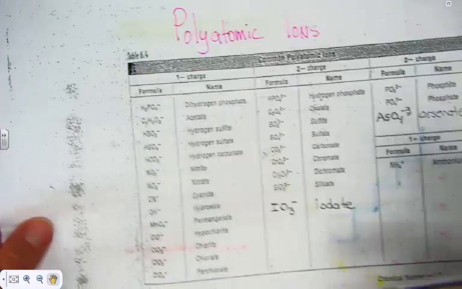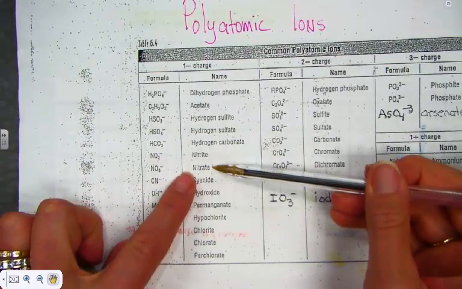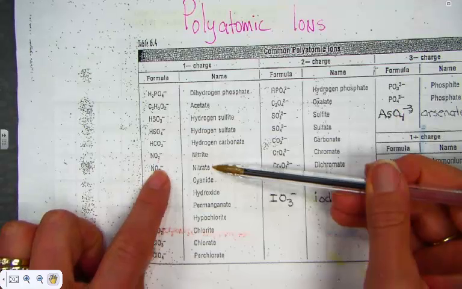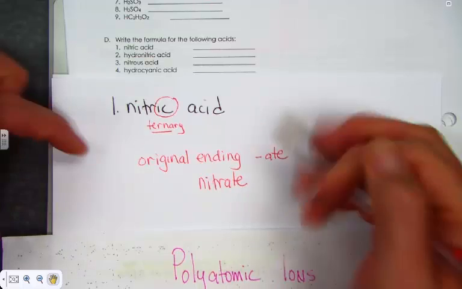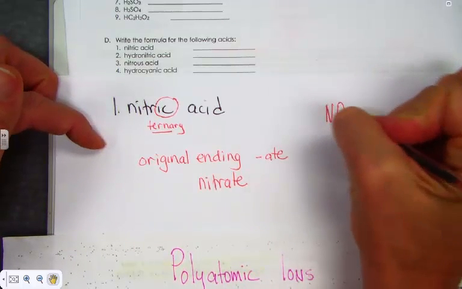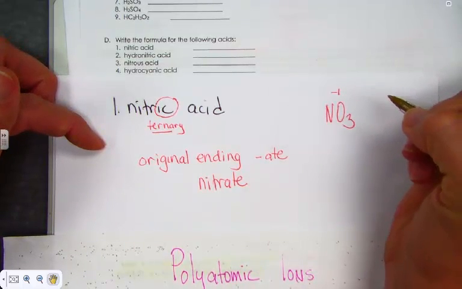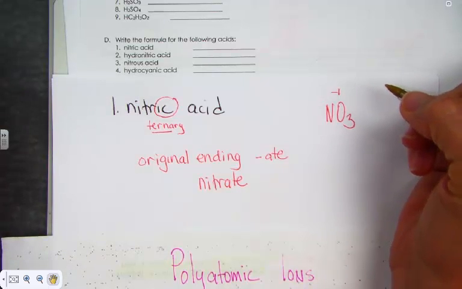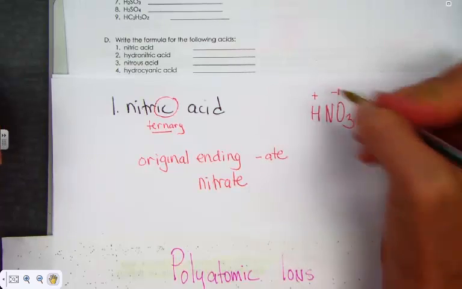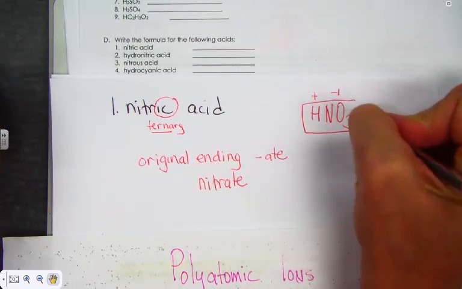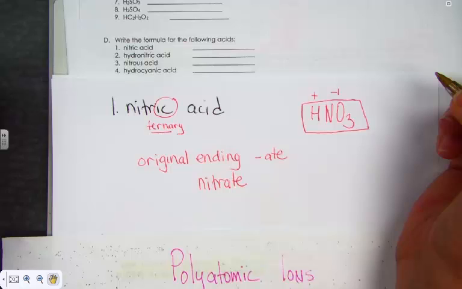And nitrate is right here in the middle of our first column. NO3, -1, nitrate. So I went to work and found the negative, NO3 -1. What's the element that always starts an acid's formula? You got it. It's hydrogen. HNO3, nitric acid.